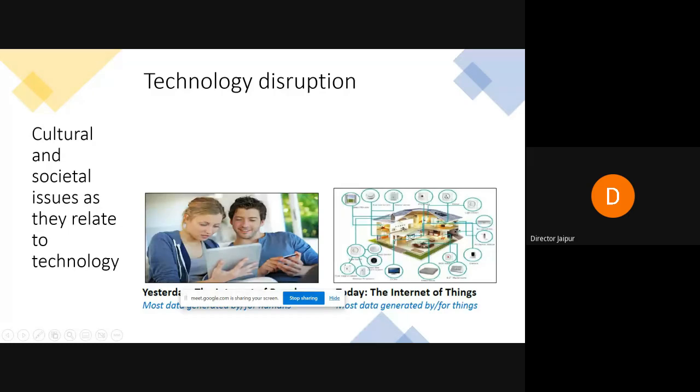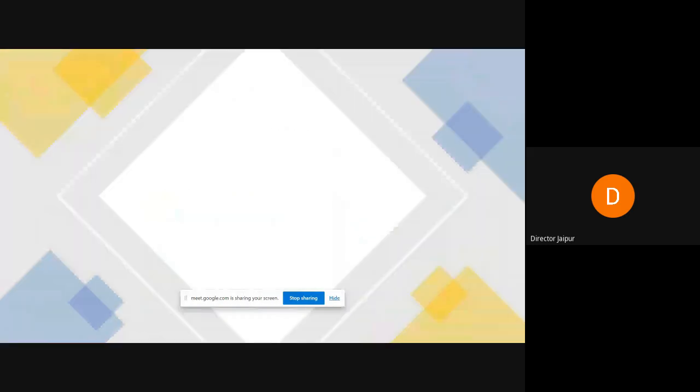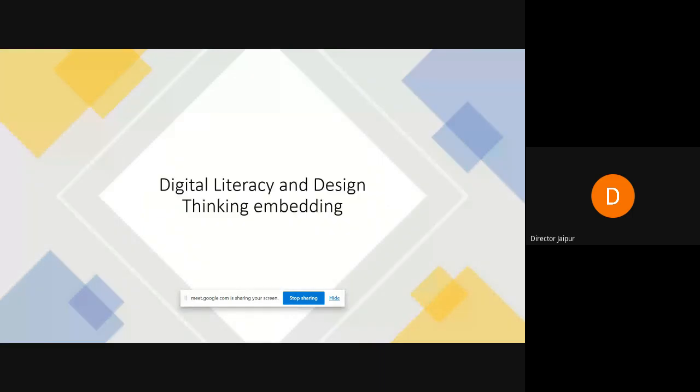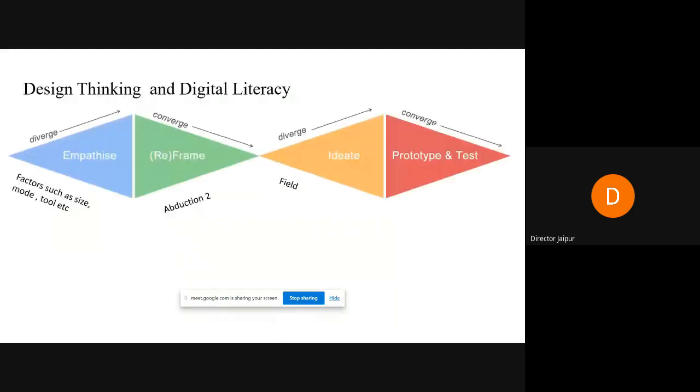So whenever we are connecting digital literacy with design thinking, we have to keep these issues in mind when we are making our frames. How to embed them? This was the first graph that I showed you in the previous slide. So you have to see the digital literacy part. Factors such as size, mode, and tools, we need to be careful about. So this is the embedding of design thinking and digital literacy.